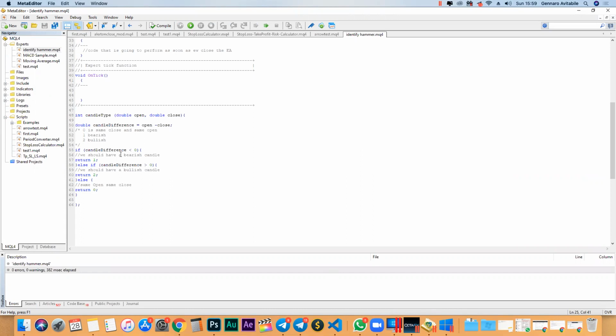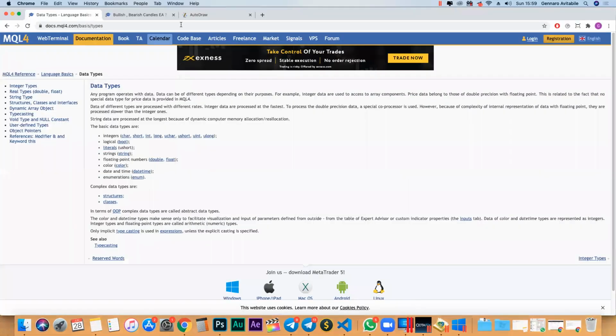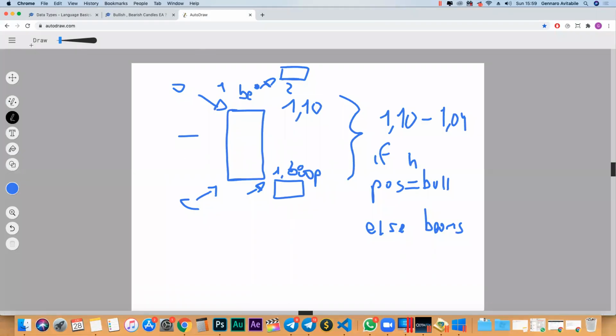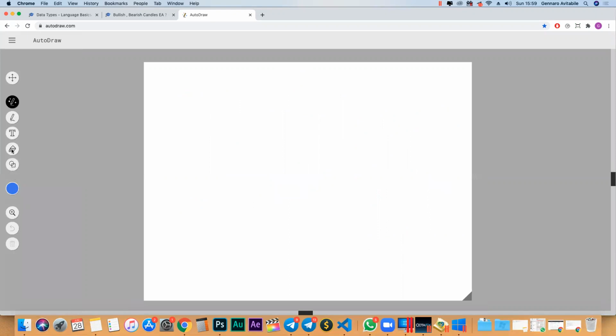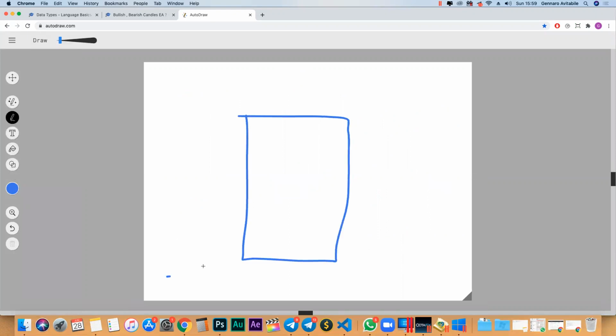Let's go back to the data types reference. This is the open and this is the close.